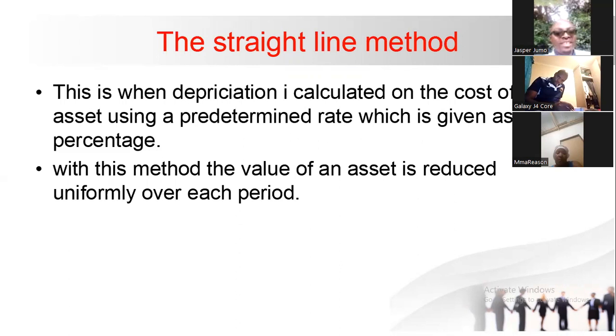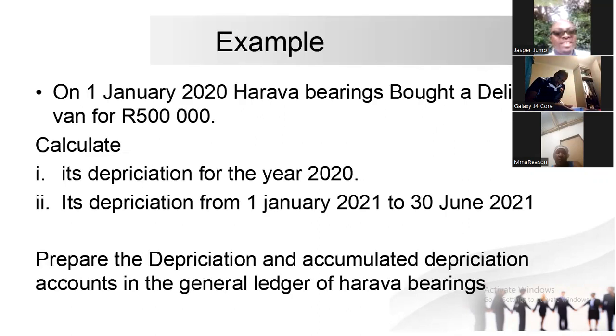That is why they call it the straight line. We are doing the same thing over and over again. So the depreciation charge for each year is the same up until the value of an asset comes to zero. So that's it about the straight line method.